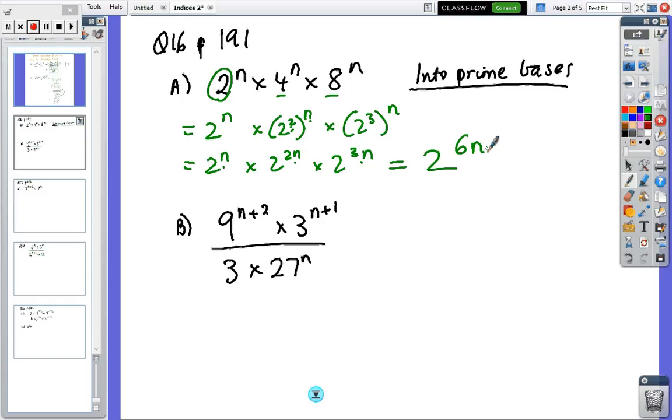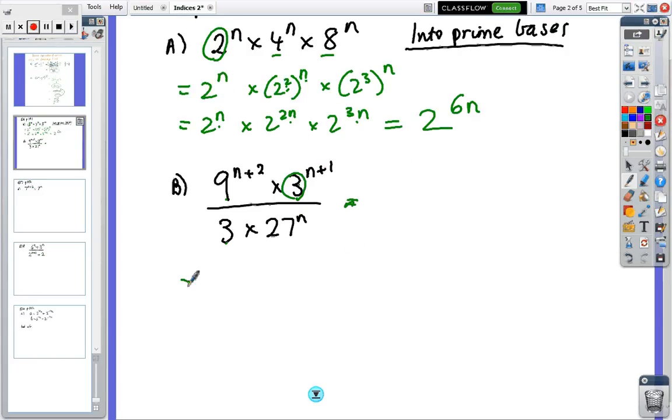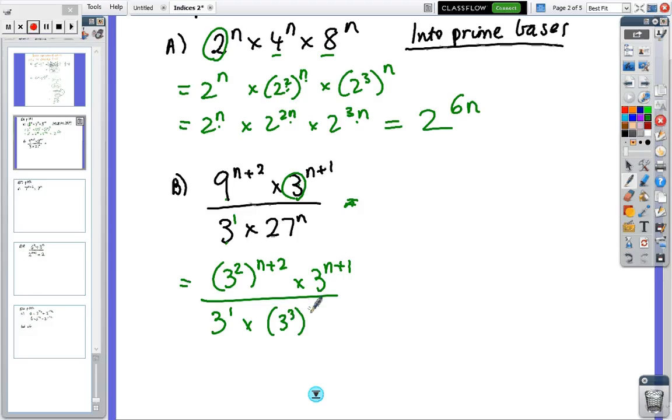Now this next one looks a little bit harder, but we've got 9s, 3s, and 27, so 3 is the prime. So again, I'll go down a bit. So 9 is 3 squared to the power of n plus 2. 3 is okay, don't have to change that. 3 is to the power of 1, and 27 is 3 cubed to the power of n.